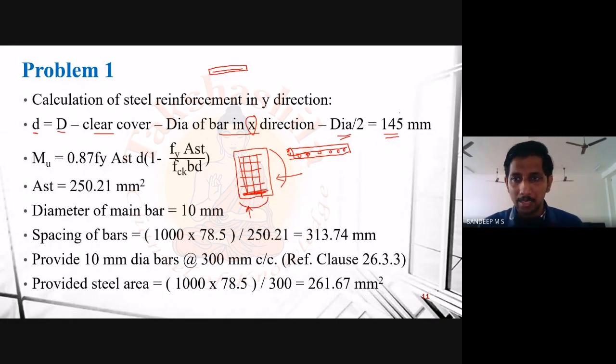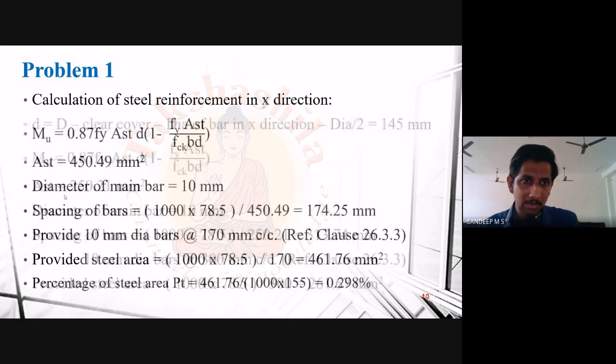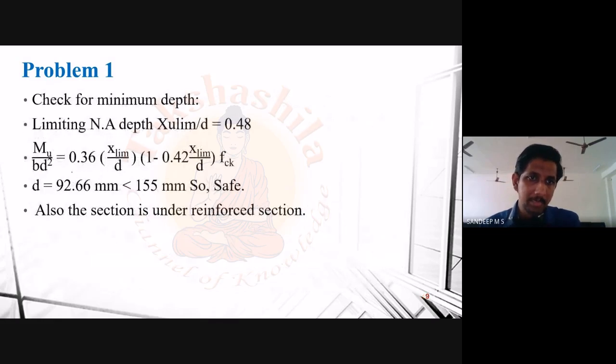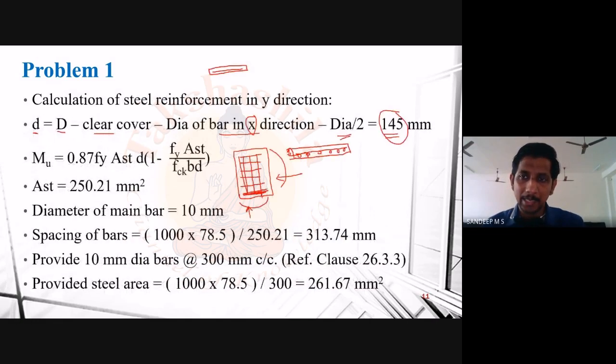So once you calculate the effective depth in the y direction, again the procedure remains the same. Since we have already calculated the minimum depth based on the balanced section condition, here you can see that the minimum depth requirement was only 92.66, but in the second direction also we are getting a dimension of 145 millimeters.